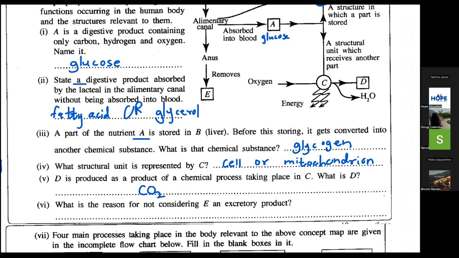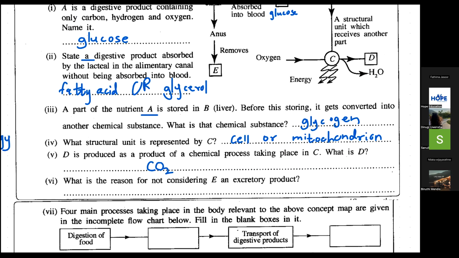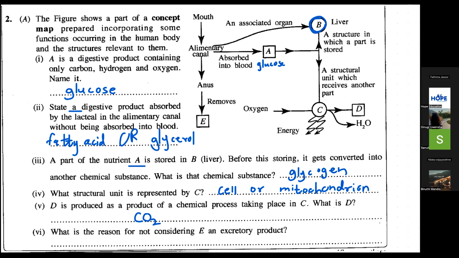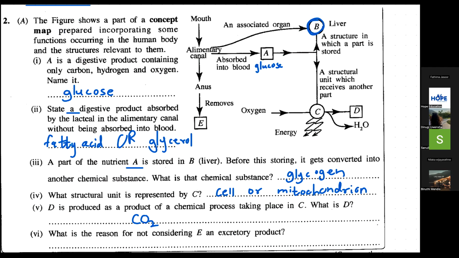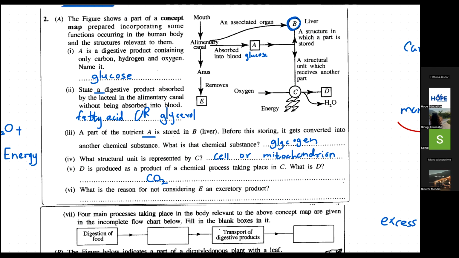Okay. Then what is the reason for not considering E as an excretory product? Normally, the material that is not digested in the digestive tract goes to the anus and is removed from the body as feces. So E means feces, right? Why is it not considered as an excretory product?